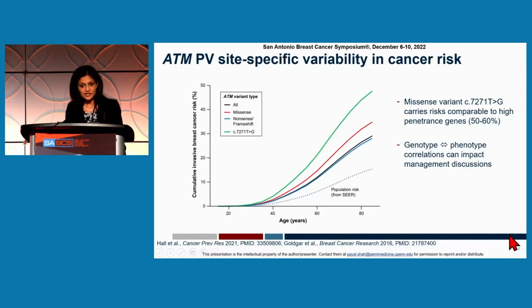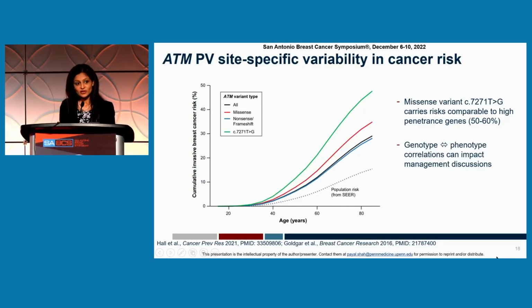I mentioned before site-specific variability with ATM, and the clearest example of this is the missense variant c.7271T>G. This is a variant that results in a lifetime risk of breast cancer of about 50 to 60%, so really in the high-risk range.